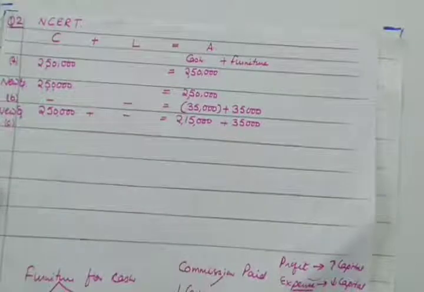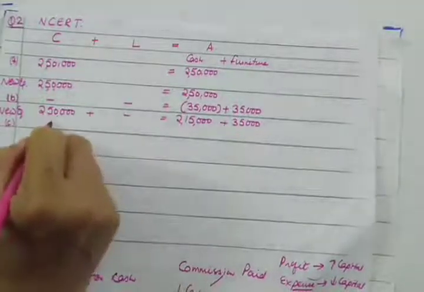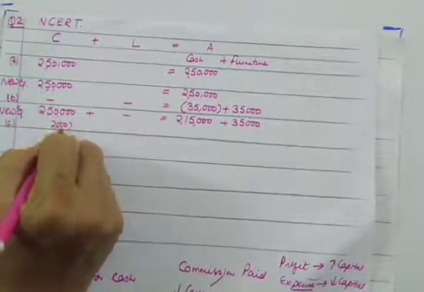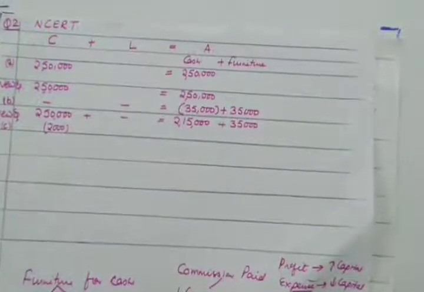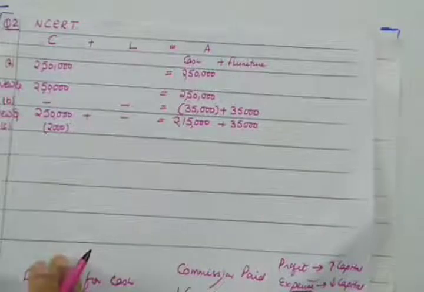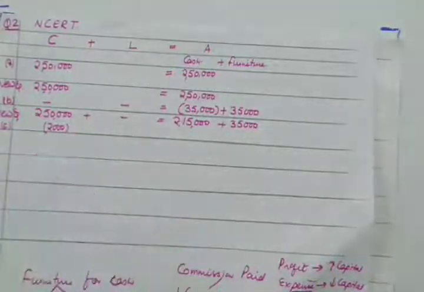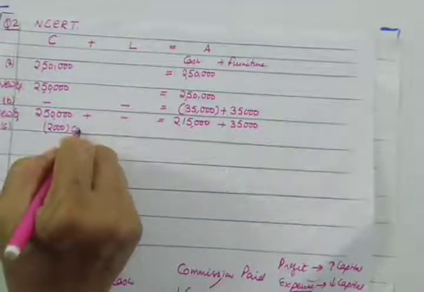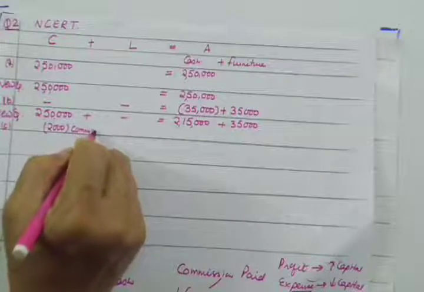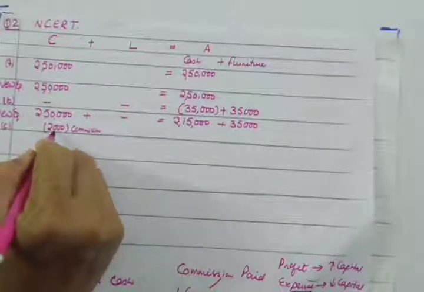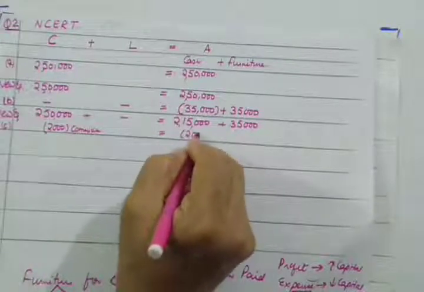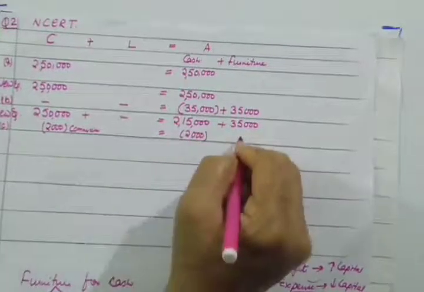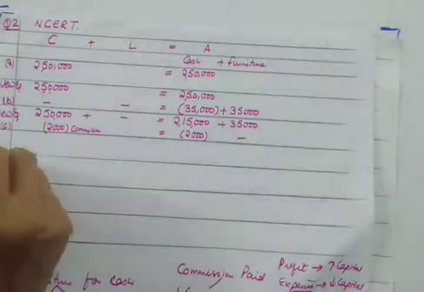So first impact, 2,000 will be deducted from the capital. And what is the reason? The reason is this is commission. Putting a bracket means deducting. And here also 2,000 will be deducted, no change in any other asset.